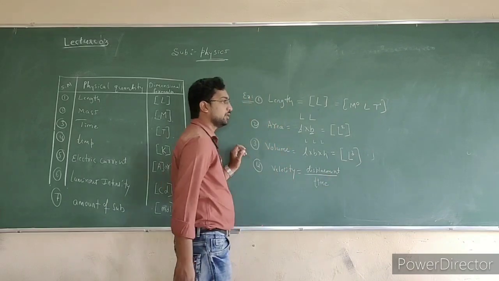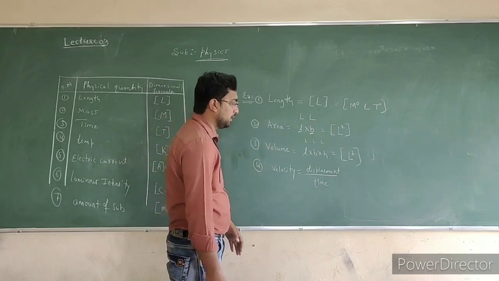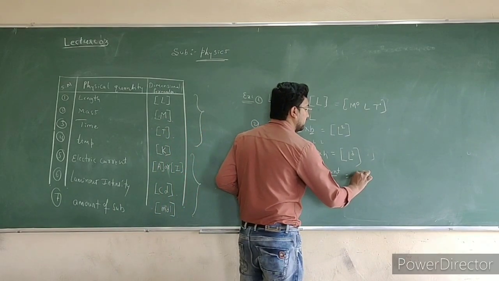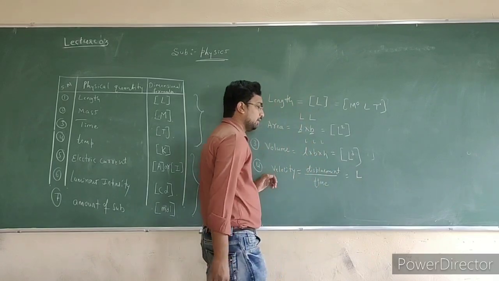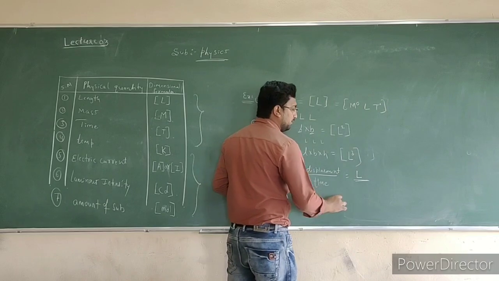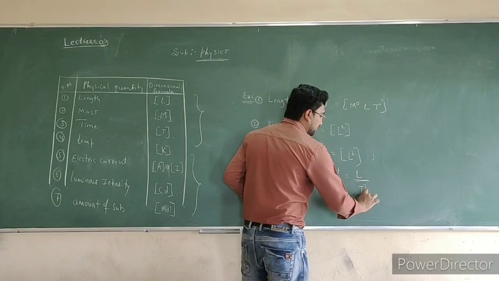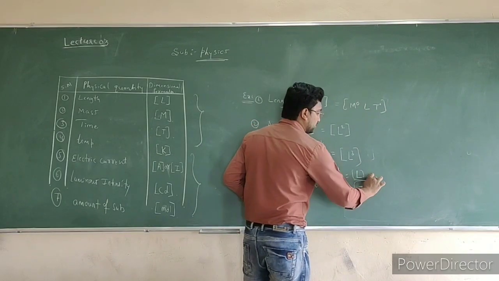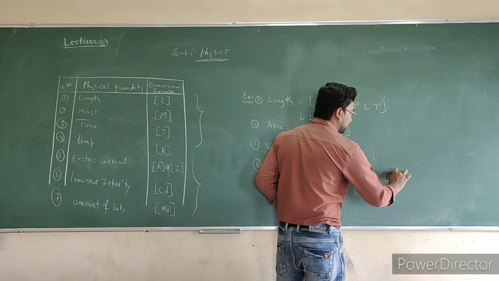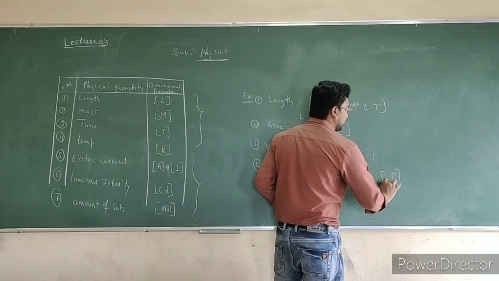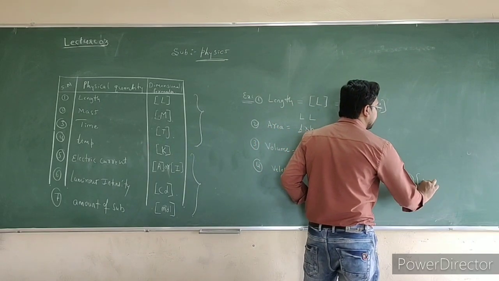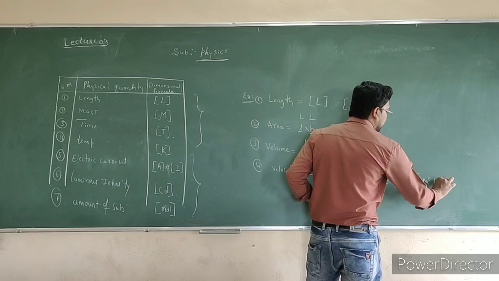The displacement dimension formula is capital L, and the dimension formula of time is T. So then the dimension formula for velocity is L T to the power minus 1, or M to the power 0, L T to the power minus 1.